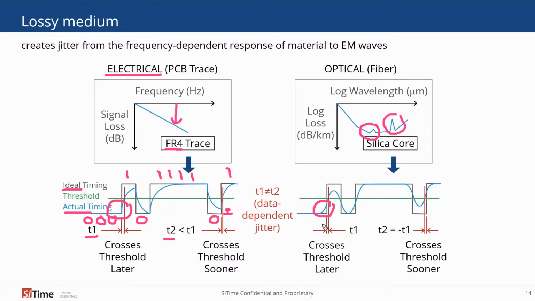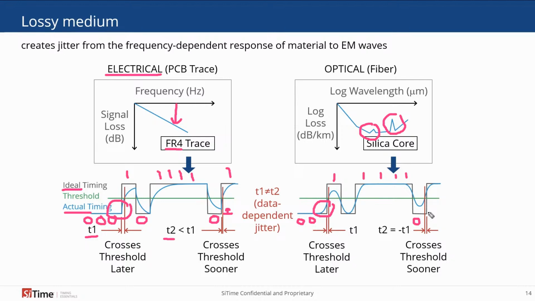In this case, where we have the same data pattern with a long string of zeros followed by 1, and then the symmetrical case with a long string of 1s followed by a logic 0, we can compare T1 with T2, and again, T2 is derived from a waveform that starts moving back up before it's hit the logical low level.